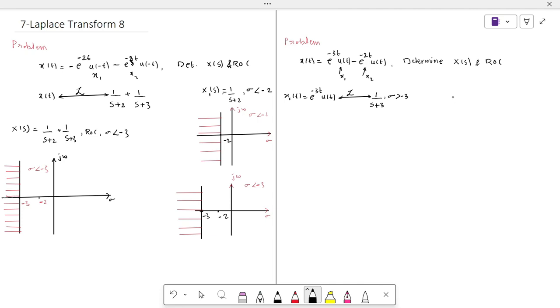Now, I would like to draw the region of convergence. So this is -2 and this is -3.